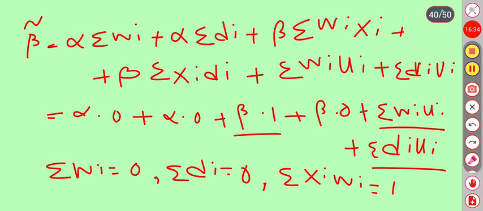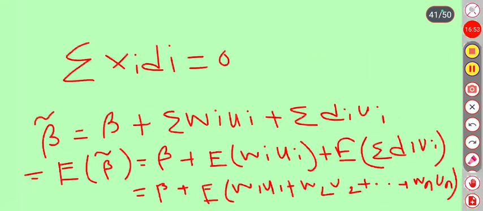That is why we get alpha into 0 plus alpha into 0, beta into 1 plus beta into 0, plus summation wi ui plus summation di ui. We know the sum of wi is 0, the sum of di is 0, the sum of xi wi is 1 and the sum of di xi is 0. That is why beta tilde is equal to beta plus summation wi ui plus summation di ui.